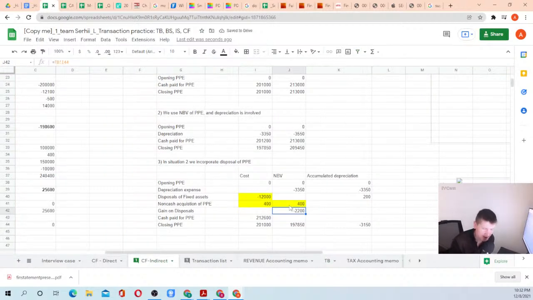And that gain, let me think. So I still have to know a net book value.